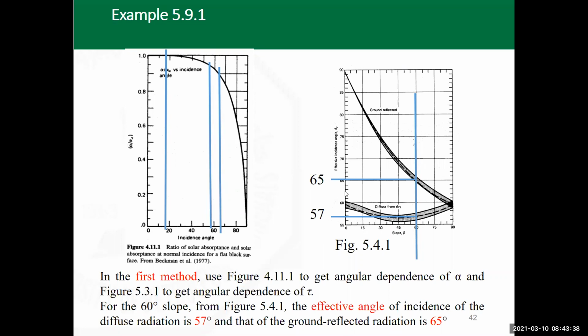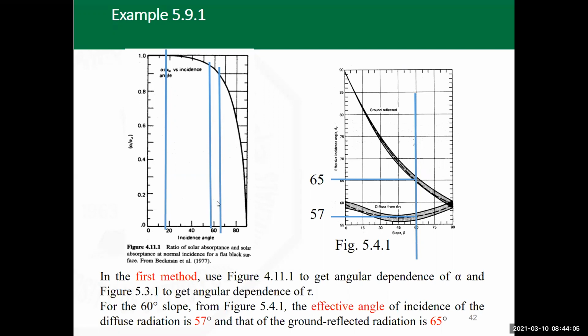For the component representing the ground reflected radiation, we get the angle 65, and then the corresponding value of alpha over alpha n. And in the problem, it says that the effective angle for the beam radiation is 17, so from here you get the corresponding value of alpha over alpha n.